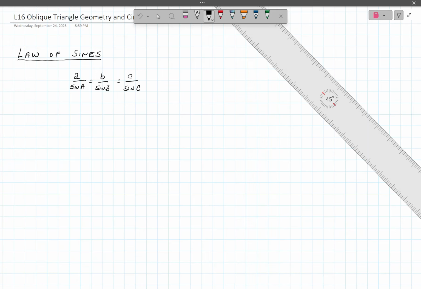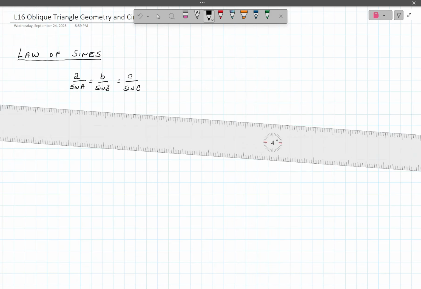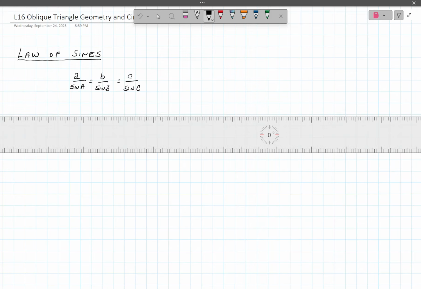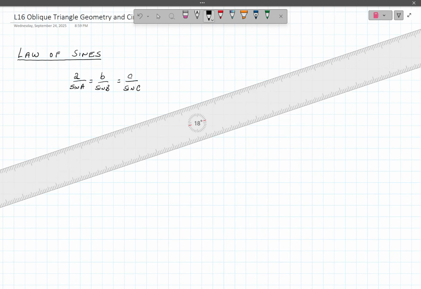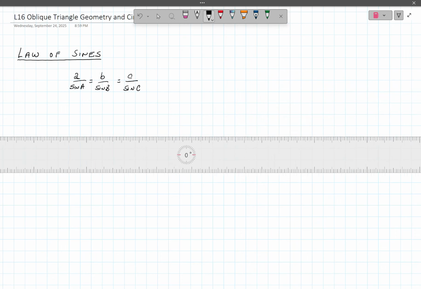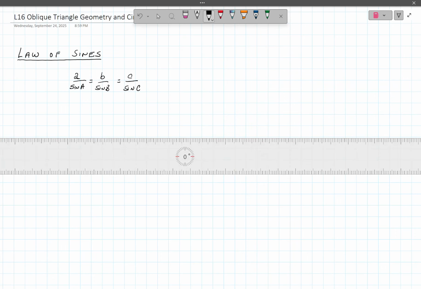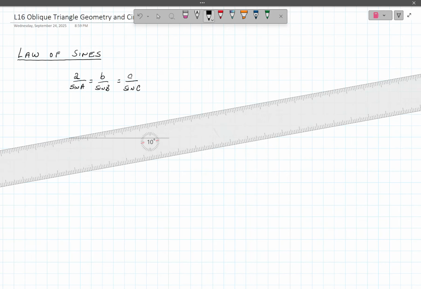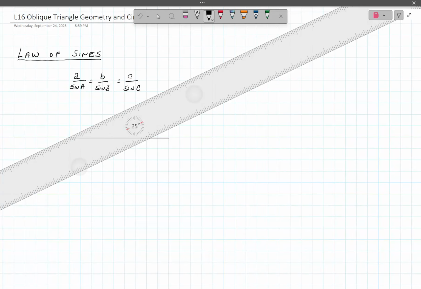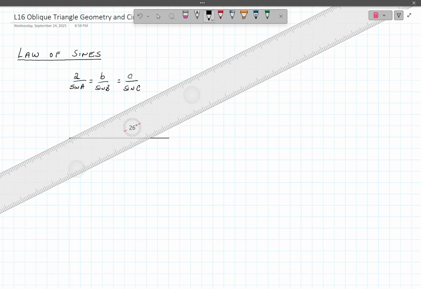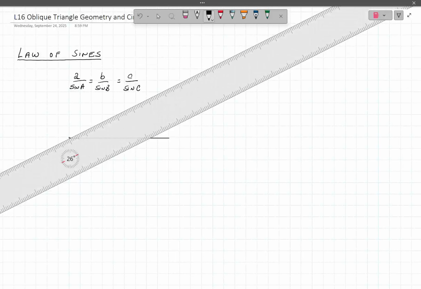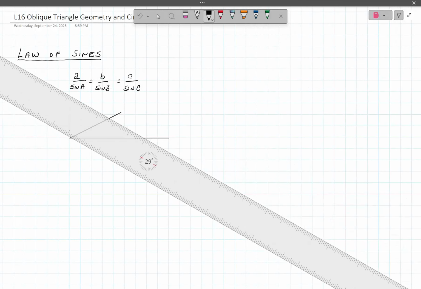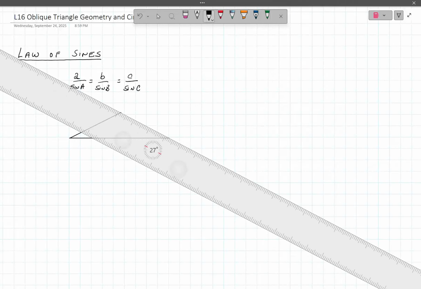Now remember, none of these are right triangles, so this one is going to be a little odd. Let's see if I can draw you one here. We'll put it like so, and it's going to wind up like so.